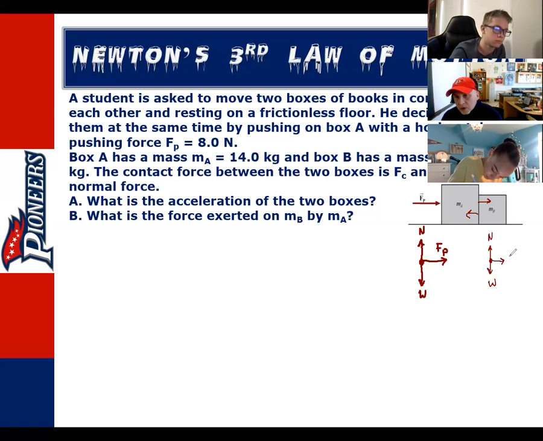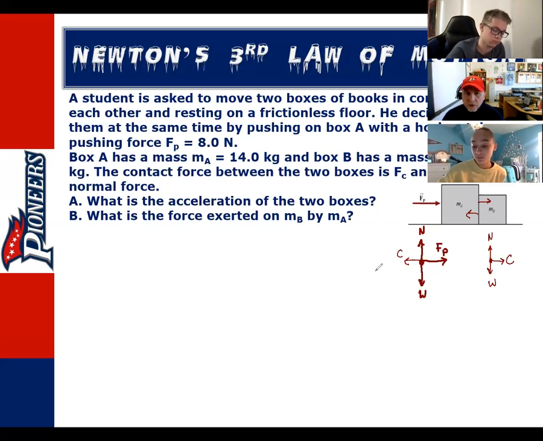I'll call this C for contact. That's A on B, and this is B on A. Now, this obviously has to be bigger than this in order for the system to move at all. But again, if you saw a multiple choice question with force diagrams and you saw them equal, and then one bigger, the bigger one would be the answer, because they're using the length of the vector to indicate magnitude.